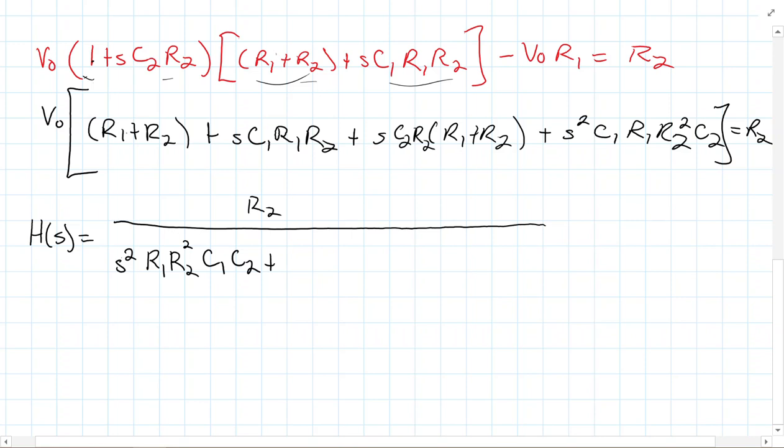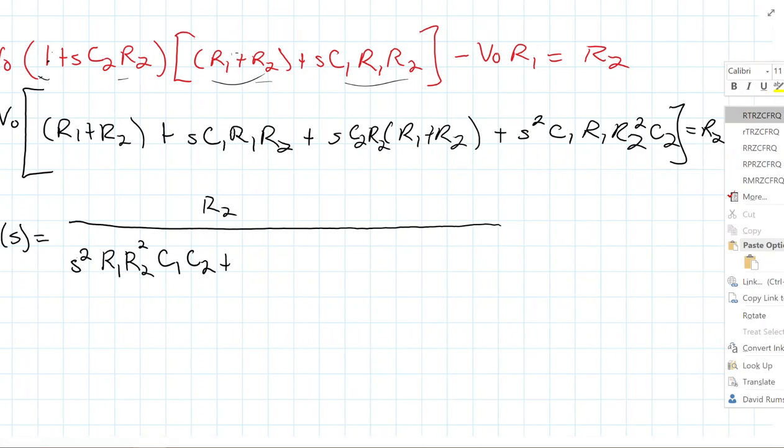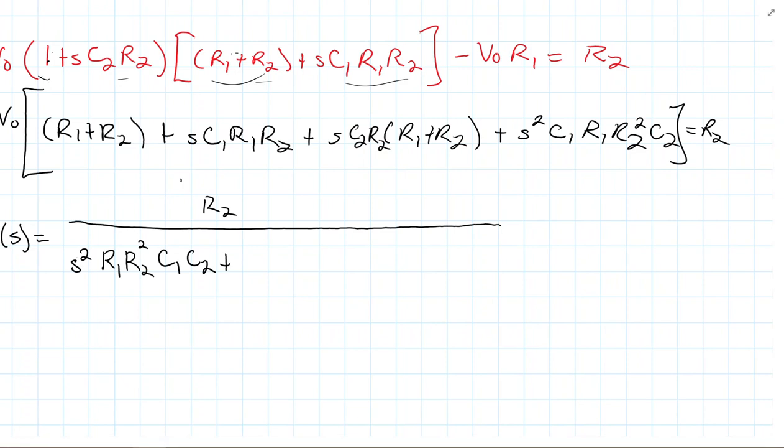R1 plus R2 times 1, R1 plus R2 times 1, SC1 R1 R2 times 1, SC1 R2, C2 R2 times that, C2 R2 times that, plus S squared, and I forgot something here. I forgot this minus R1.